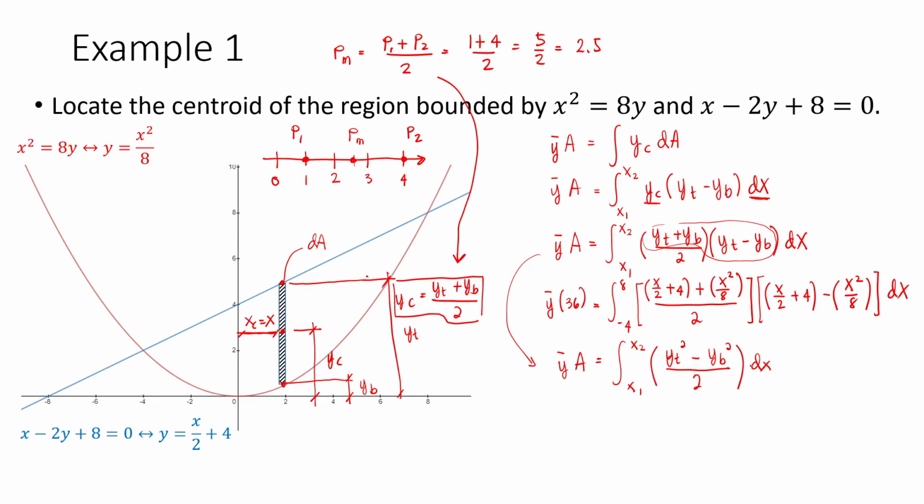Right? It seems easier to use the calculator because you won't be plugging in many terms on the right side. Even further, I can also take 1/2 outside, and then this becomes from x1 to x2, I'm going to have just y top squared minus y bottom squared dx.